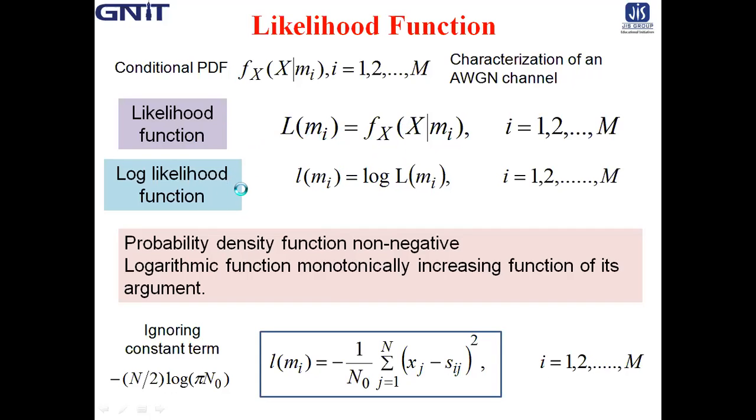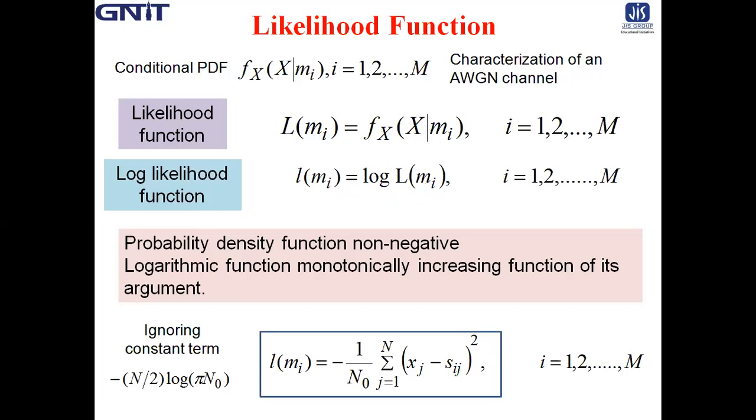Then we define the log likelihood function. It is important to recognize that although L(mi) and the PDF f of x have exactly the same mathematical form, their individual meanings are different. In practice, we find it more convenient to work with the log likelihood function, denoted as small l(mi), just taking the log of both sides. So log of L(mi).